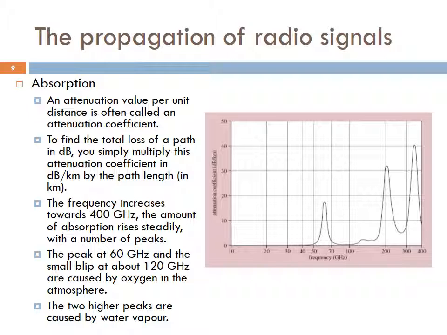The horizontal scale is frequency from 10 GHz to 400 GHz on a logarithmic scale. The vertical scale represents attenuation of a signal and runs from 0 to 50 dB per kilometer on a linear scale. You may or may not have come across dB before.